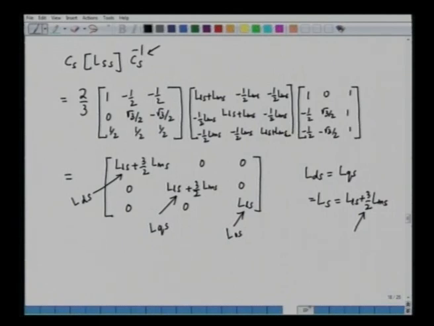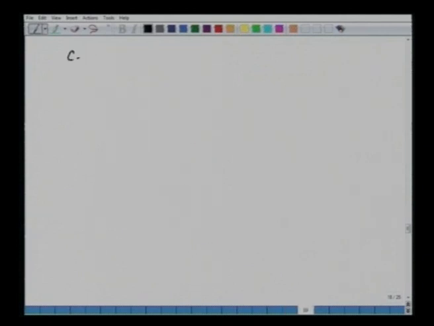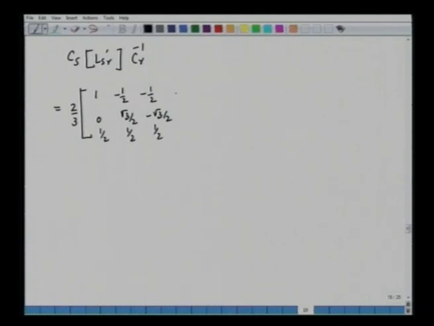So, similarly we can evaluate the mutual inductance. We can transform this LSR prime into CR prime. Now, if we simplify this, CS is 2 by 3, this is 0, root 3 by 2, minus root 3 by 2, half, half and half.